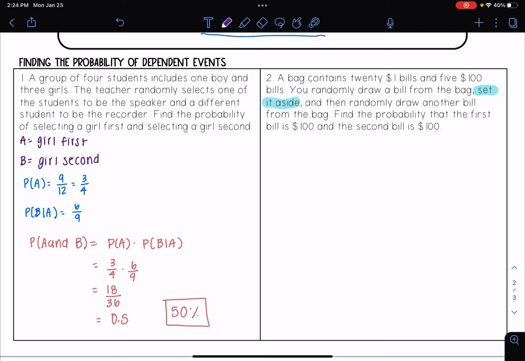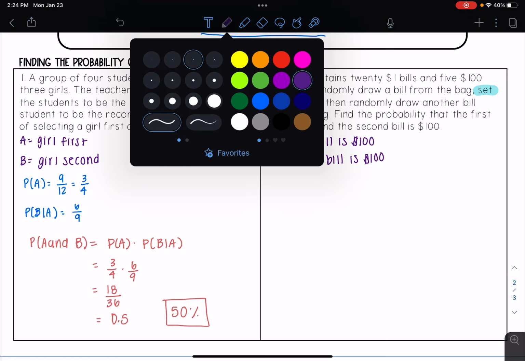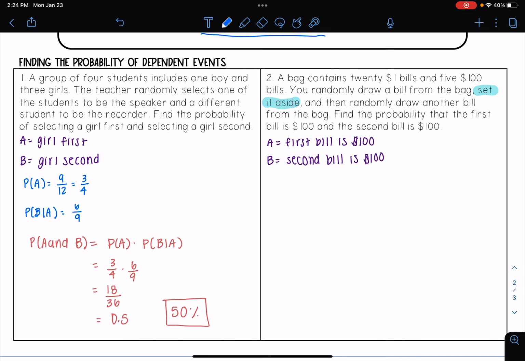I want to find the probability that the first bill is $100 and the second bill is $100. I'm going to label my events. A is that the first bill is $100 and event B is that my second bill is $100. I first want to find the probability of A, that my first bill is $100.